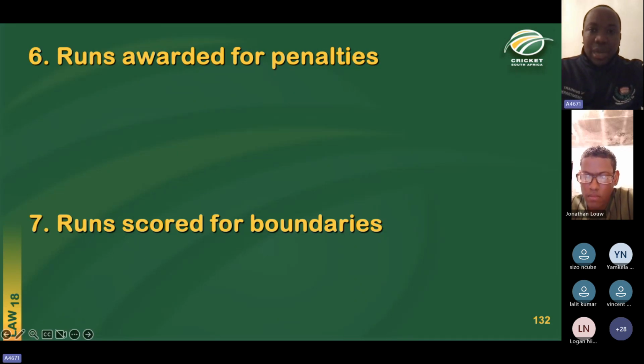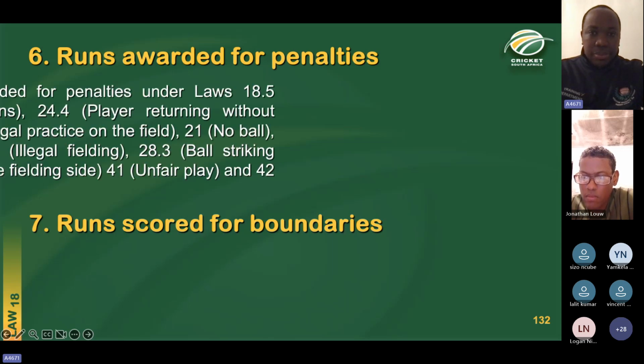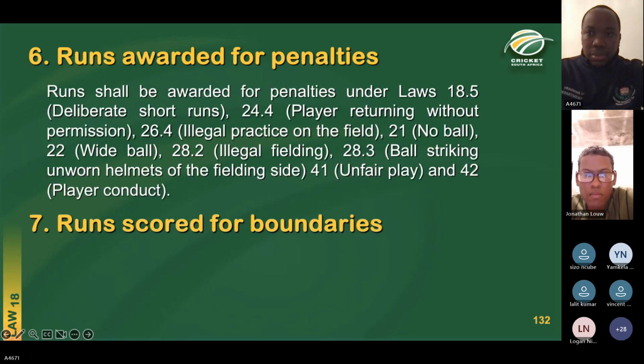Let's have a quick look at penalty runs as another means of a team being awarded runs. Law tells us that runs shall be awarded when there are deliberate short runs, as we've just spoken about.